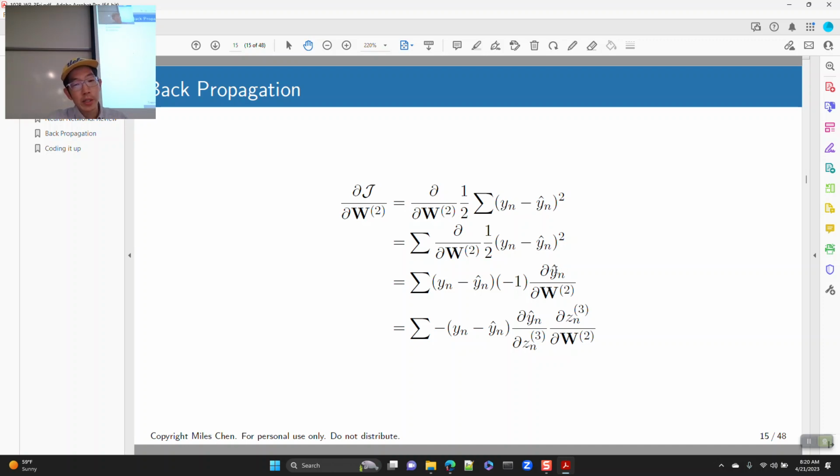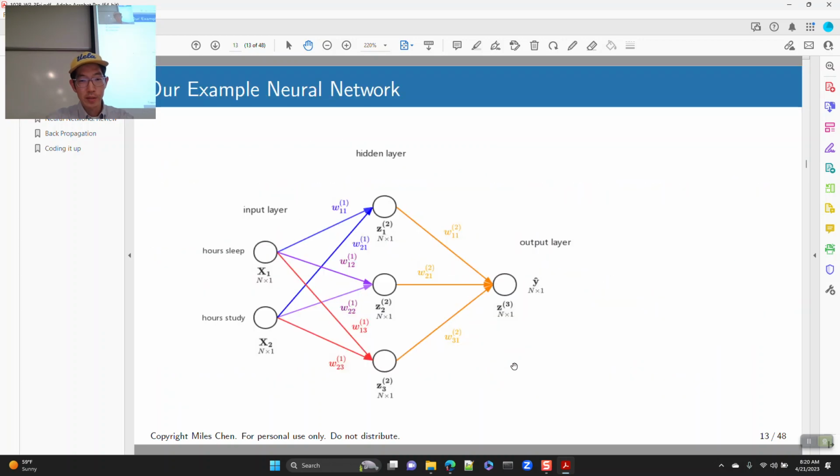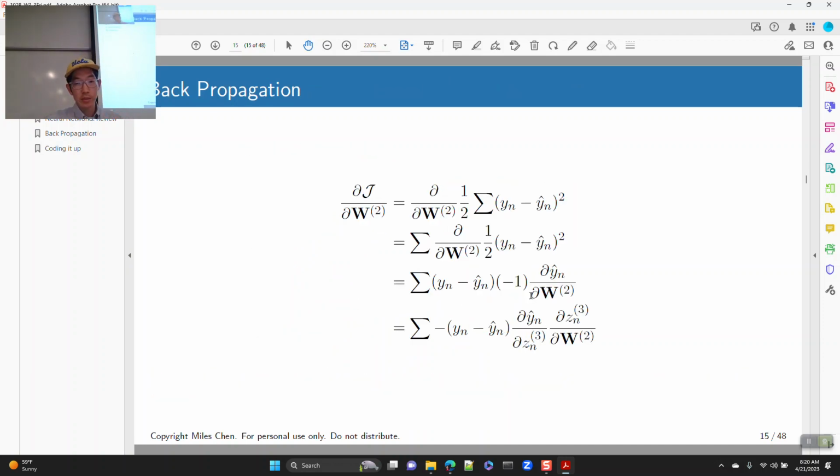And how does y hat change with respect to W2? Well, what is y hat at all, right? Going back to what's happening here, we have our z values, and then we apply an activation function to our z values. So we ask, how does y hat change with respect to W2?